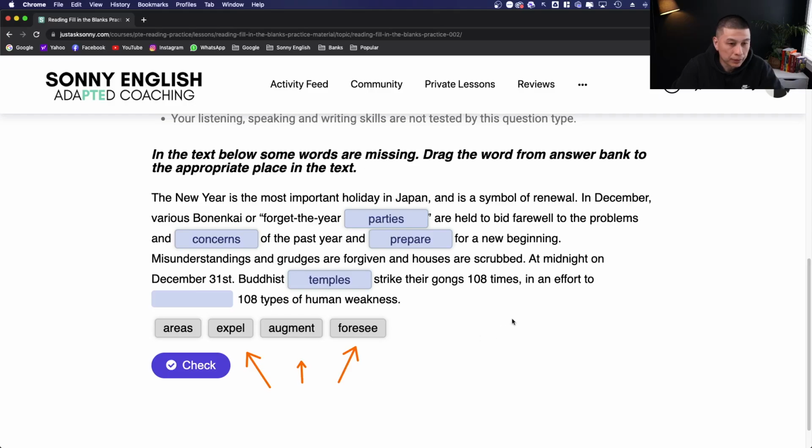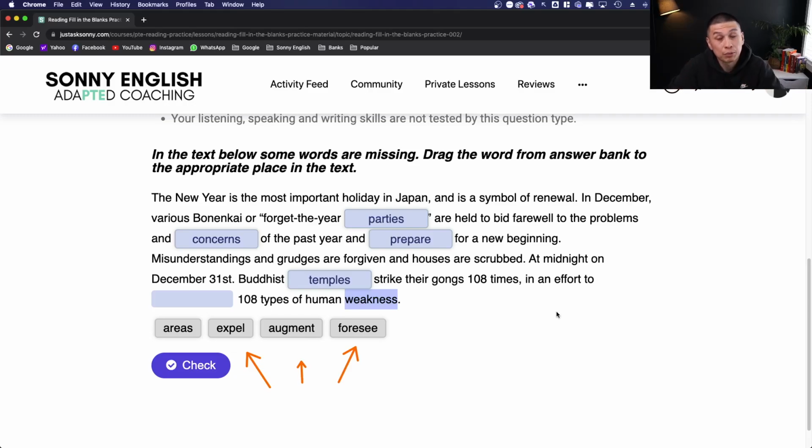Now, here we have three options, but you can try to look at the direction that they're going with. Are they talking about something positive or negative? If we look at this right here, weakness. Does that sound like a positive or negative word or neutral word? Is that something that you would like to have?